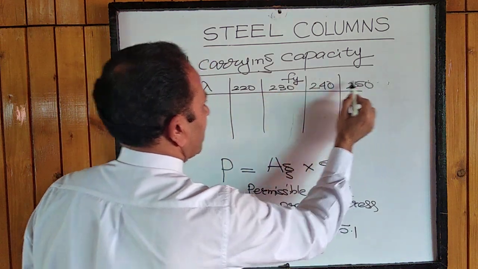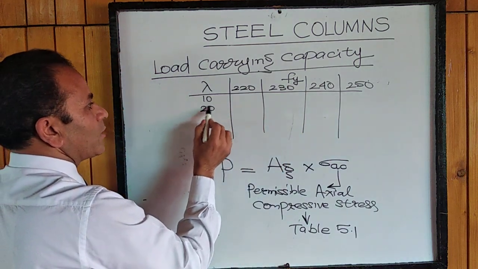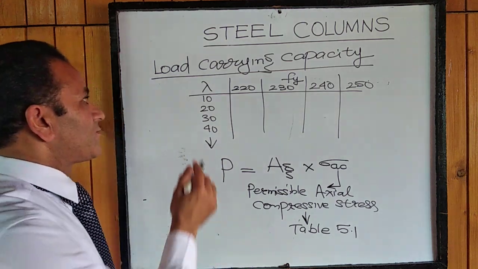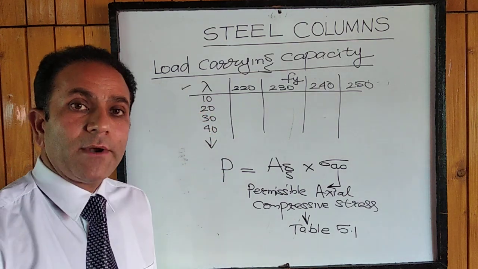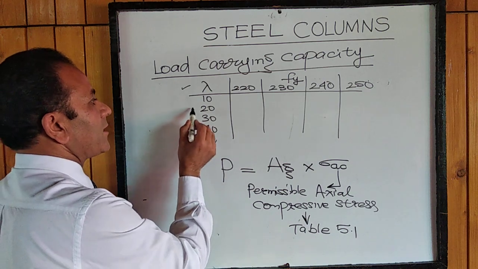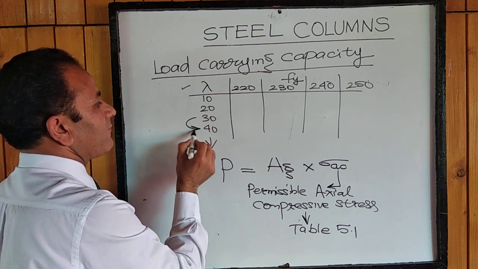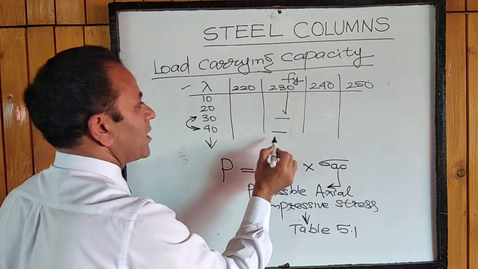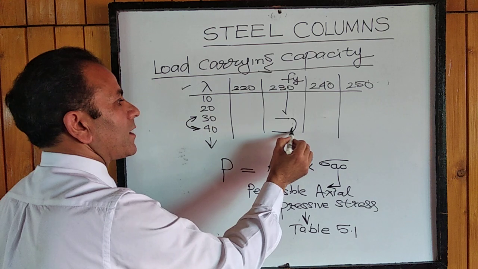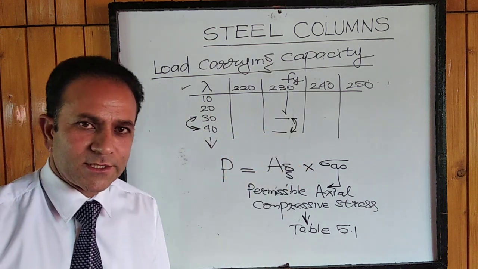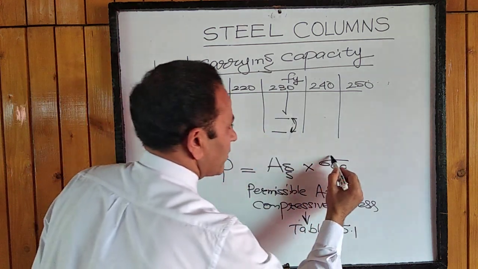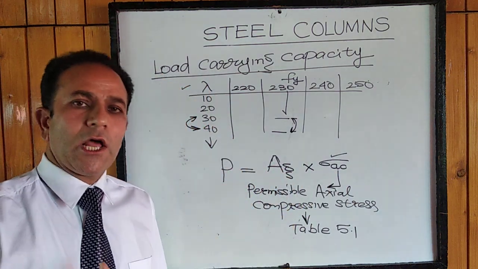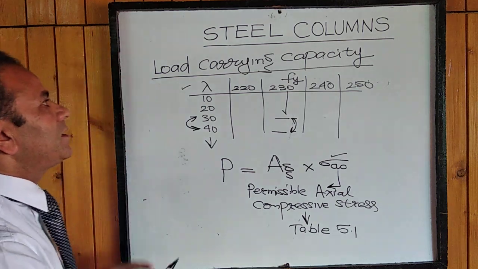Lambda starts from 10, then goes to 20, 30, 40, and so on. We'll see how to interpolate it: between which two values our lambda lies, and what the Fy is. Corresponding to those values, we interpolate this sigma AC for our case. So we have got sigma AC, we have got area. The multiplication of the two will give us the safe load carrying capacity of the column.